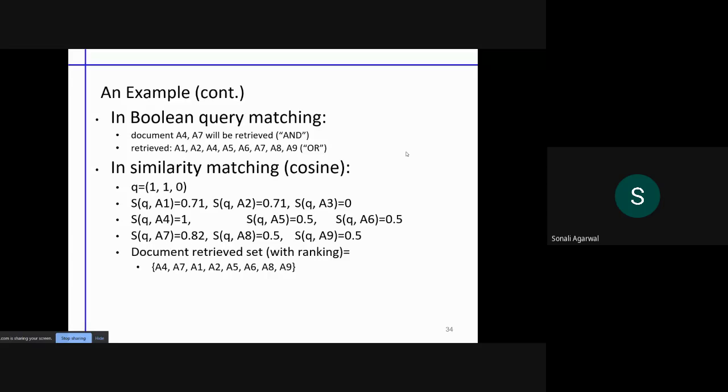Basically, there are various ways, like sometimes we go for Boolean query matching, with the help of Boolean operators like AND, OR. Any document can be retrieved together because of this AND or OR criteria. Then we also see the matching in terms of similarity.